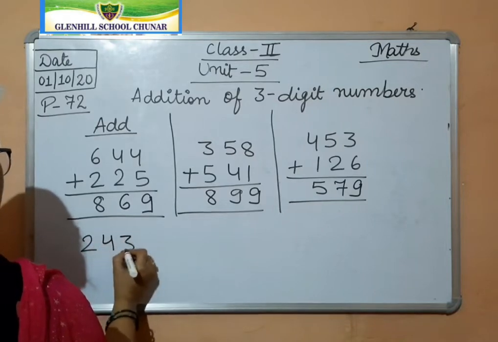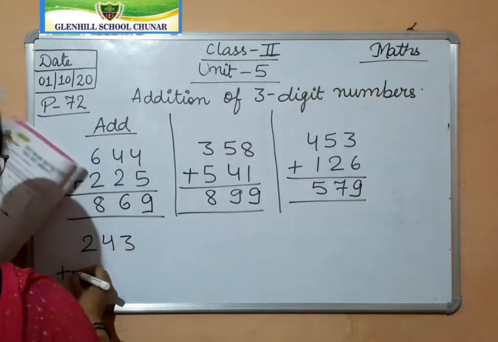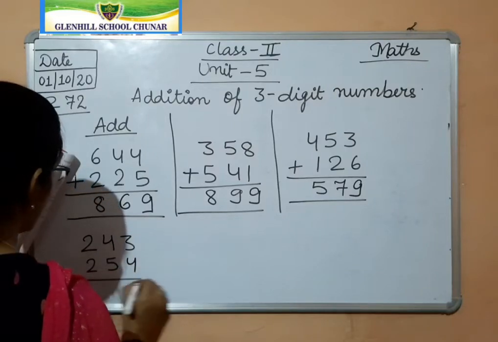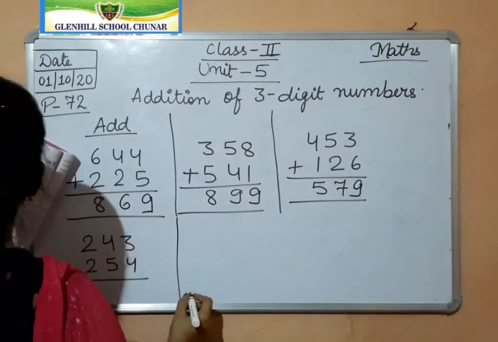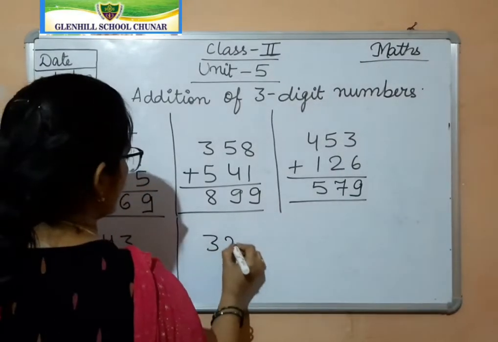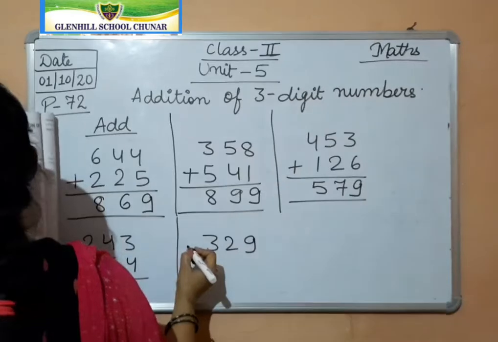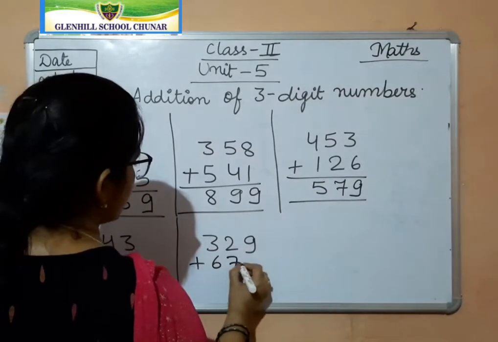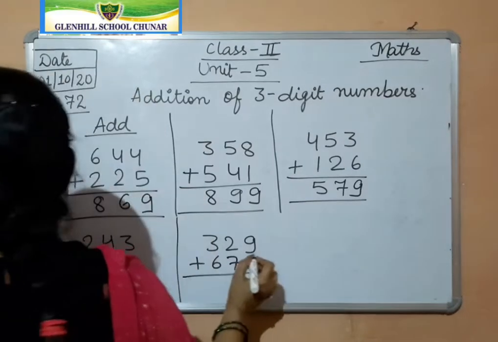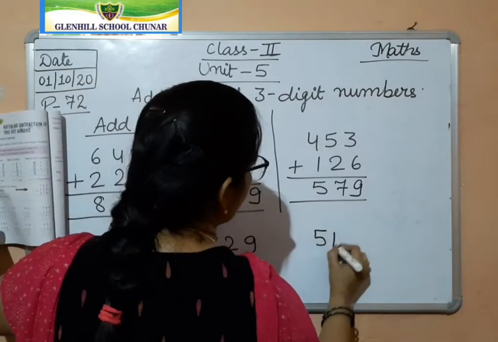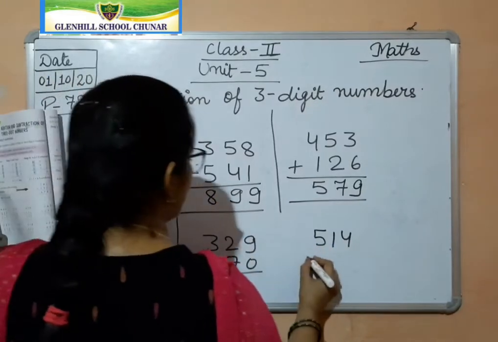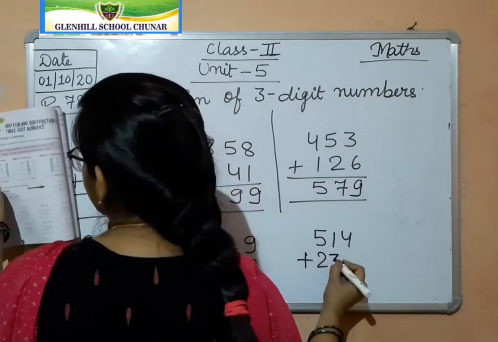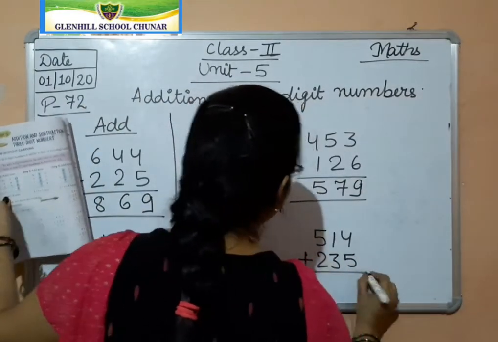Now see here, 243 plus 254. Then 329 plus 670, then 514 plus 235. Okay student.